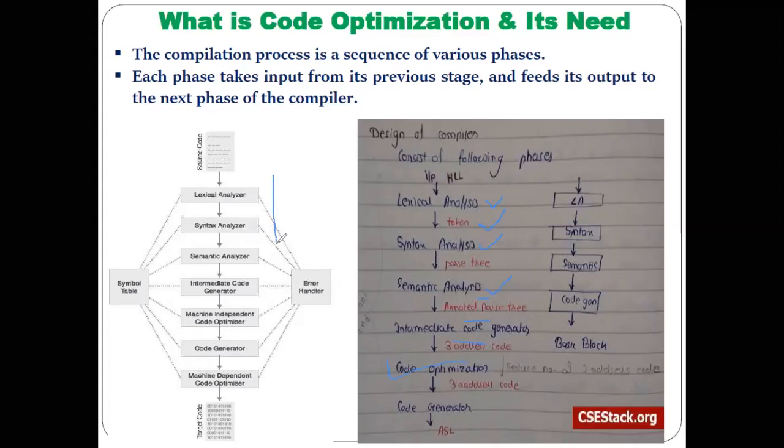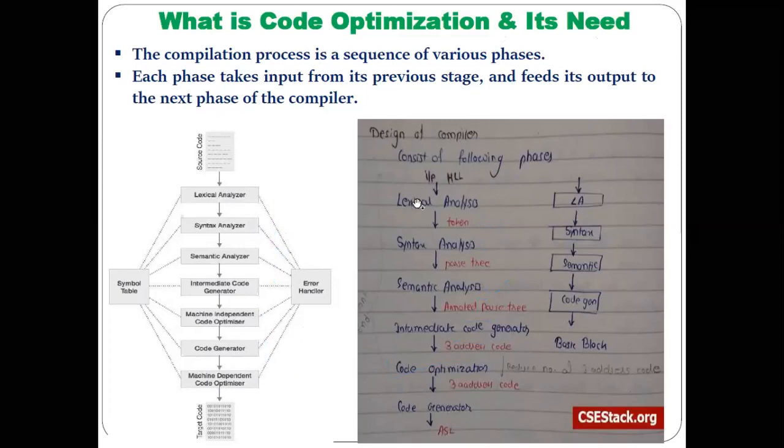If you see, these phases come under the front end of the compiler, and this part comes under the back end of the compiler. So today we are discussing the first phase in the back end of the compiler, that is code optimization.